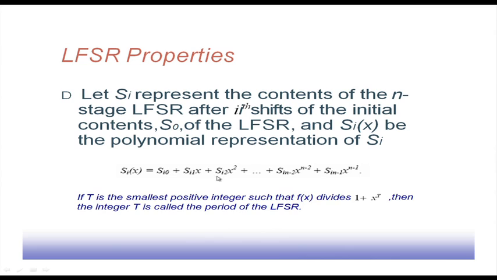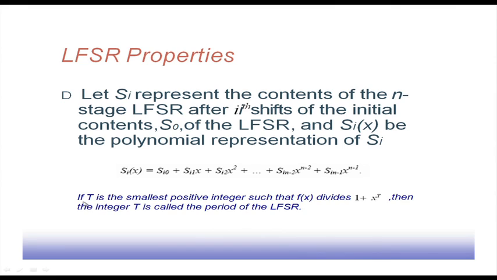These are the values of different flip flops, and if a value is 1, that term x power i comes into the picture; if it is 0, it does not. So, the content of the LFSR is again represented by a polynomial.